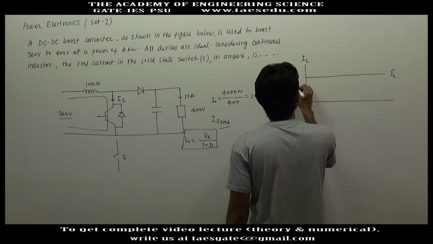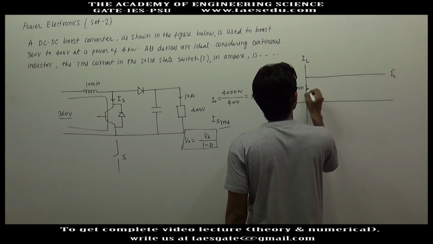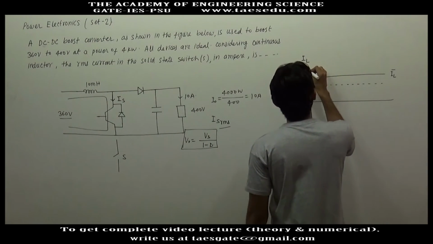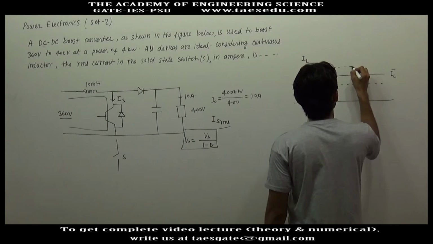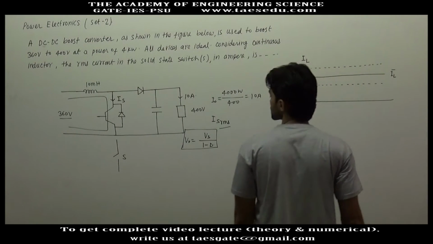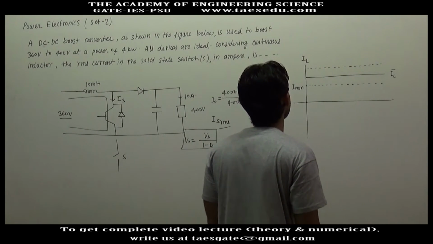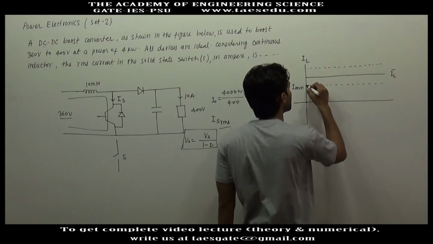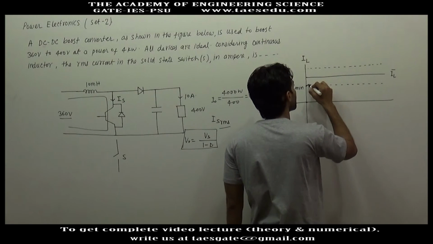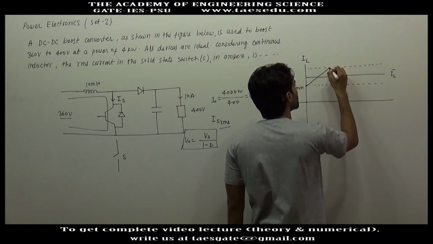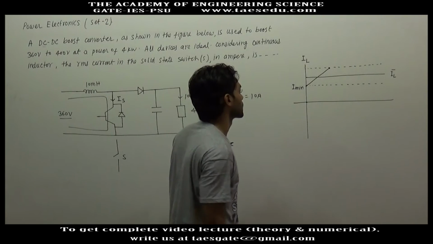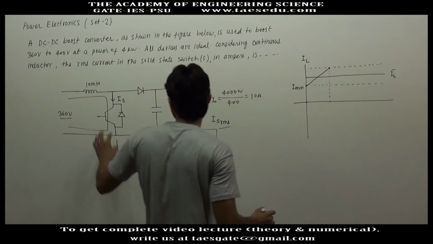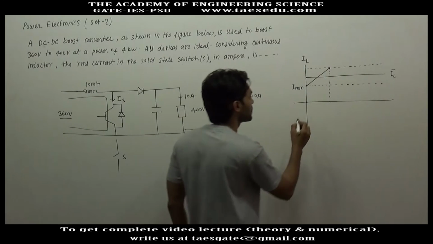Let's say this is the minimum value of inductor current, and this is the maximum value of inductor current. If it starts growing, it will start from the minimum value, and the point where it stops growing will be the maximum value of inductor current, and the duration for which this switch is connected will be T on.